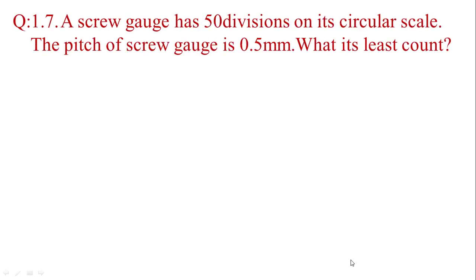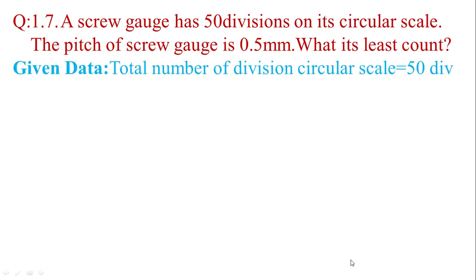Similarly, we can solve 1.7. A degree gauge has 50 divisions on its circular scale. The pitch of the degree gauge is 0.5 millimeter. What is its least count? Given data: the total number of divisions on the circular scale is 50 and the pitch of the gauge is 0.5 millimeter.